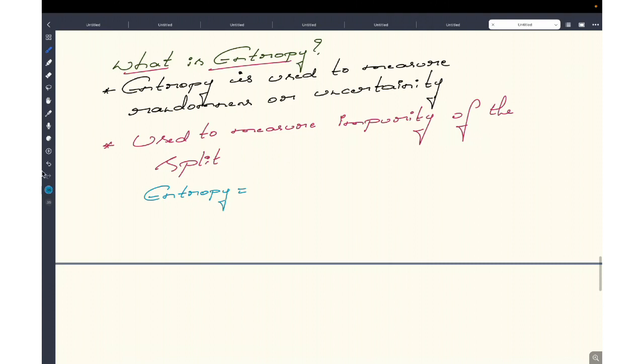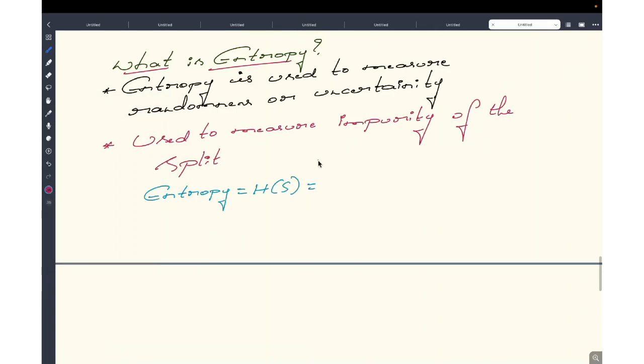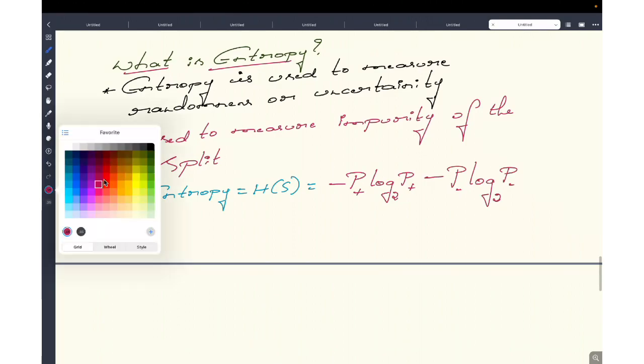We call it H of S. H of S equals minus p plus log base 2 of p plus, minus p minus log base 2 of p minus. Do you know what p plus and p minus are?